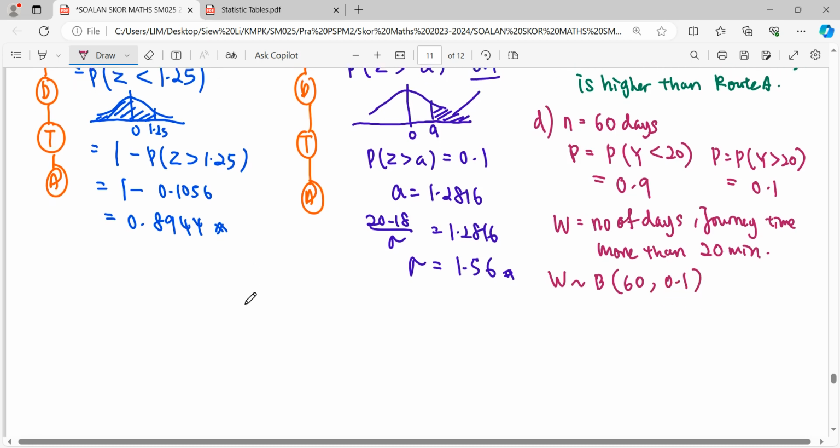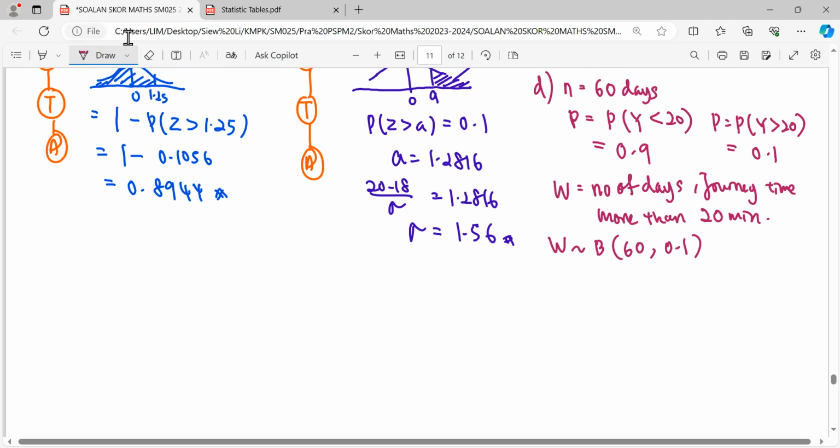So in this situation, we can notice that the first one, n is equal to 60, which is large. And then the second condition, we can find its np, where 60 times 0.1 is equal to 6, which is already more than 5.